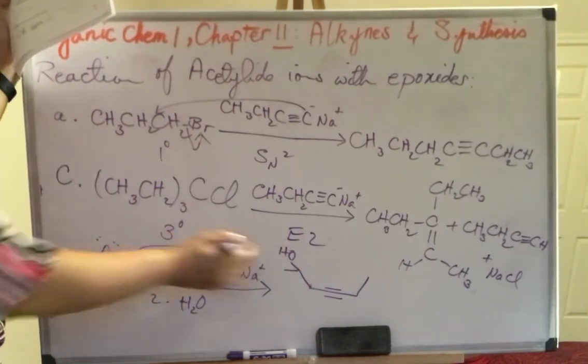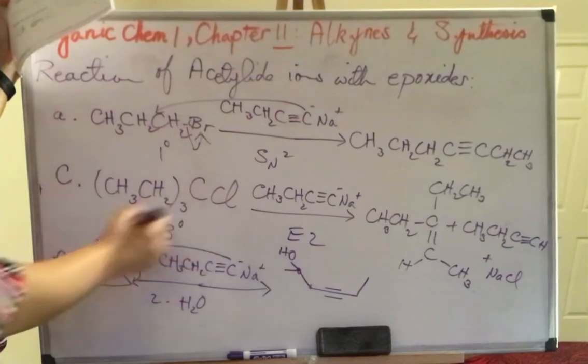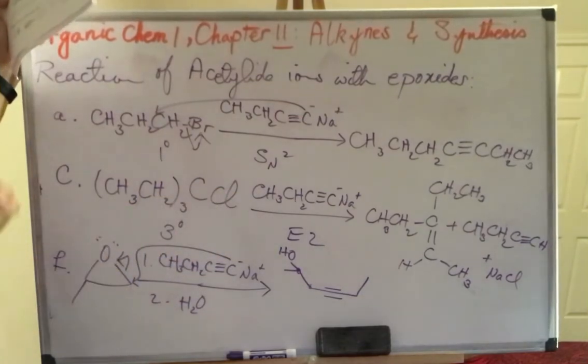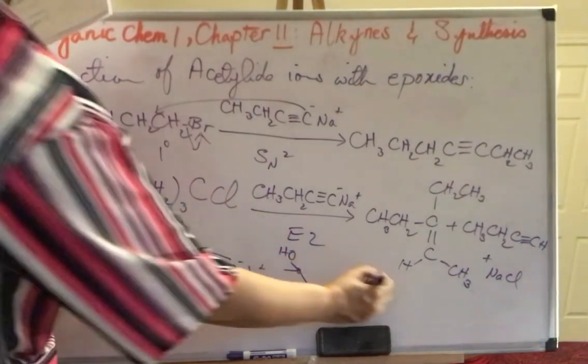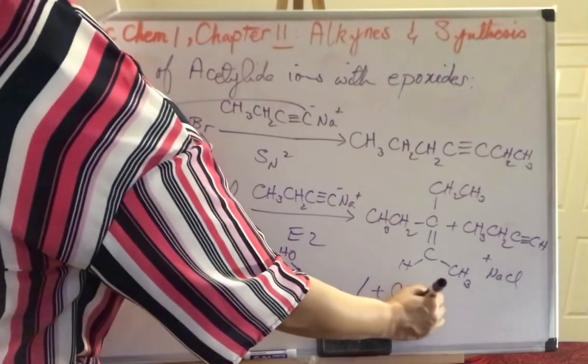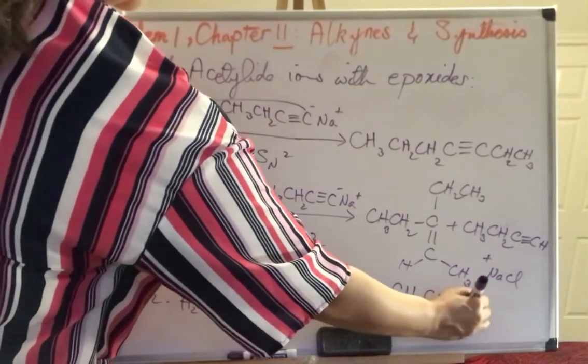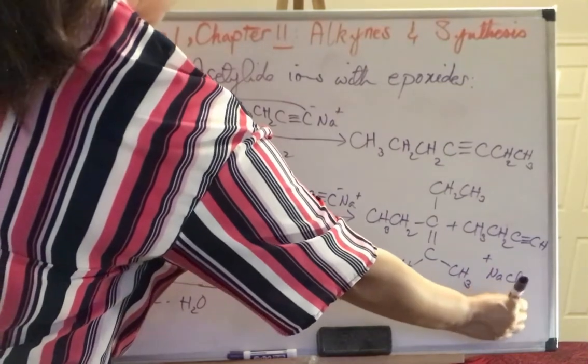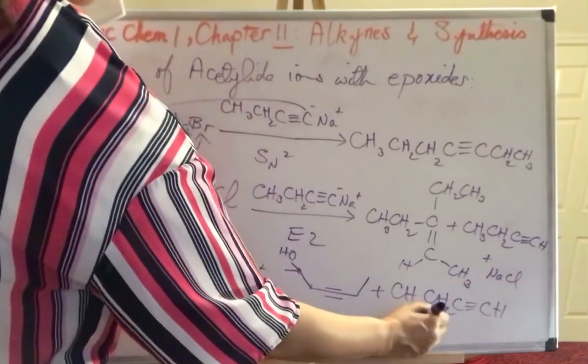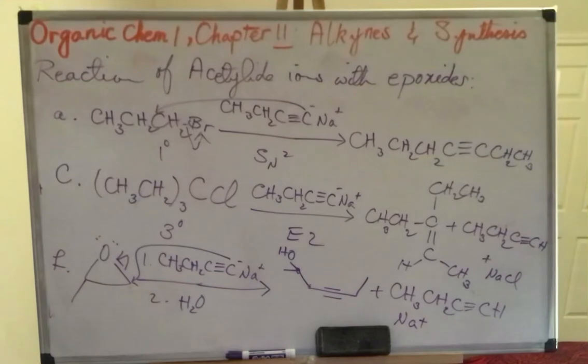Then it has another 1, which is connected to OH and methyl group at the same time, and the rest of the product, CH3, CH2, CH plus Na, and the rest of the products, whatever you have. Okay, the next practice is exactly the same. That's all. Make sure you have enough practice on these concepts.